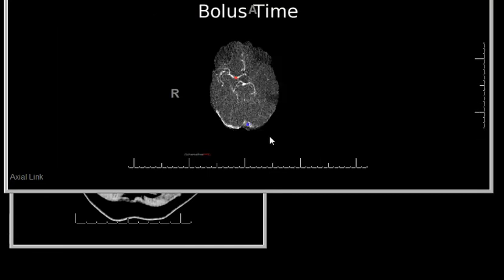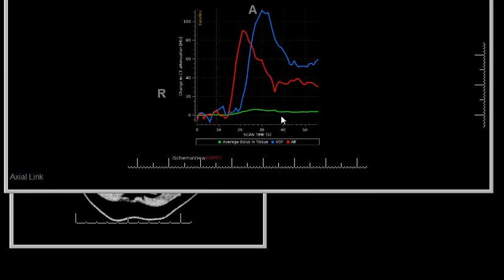This is how the bolus timing looks on the CTA, basically showing where we got the arterial inflow and where the venous outflow data point was acquired at these points, and the image quality is okay.